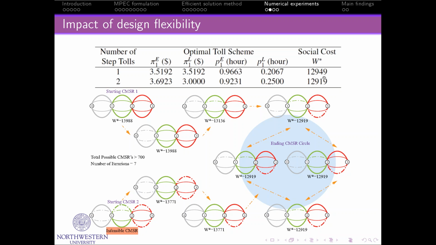So the total social cost decreases as expected, and also the method still performs very well here with only around 7 iterations, and even from an infeasible CMSR, it can get us the right solution.